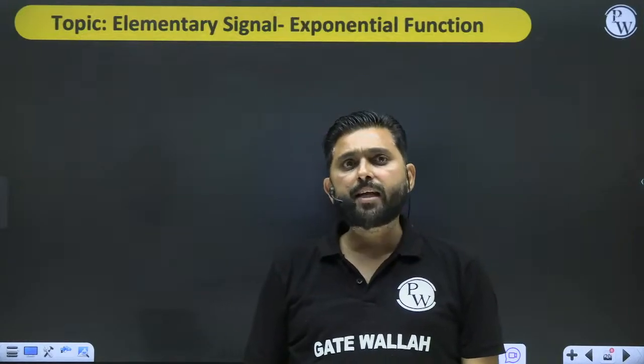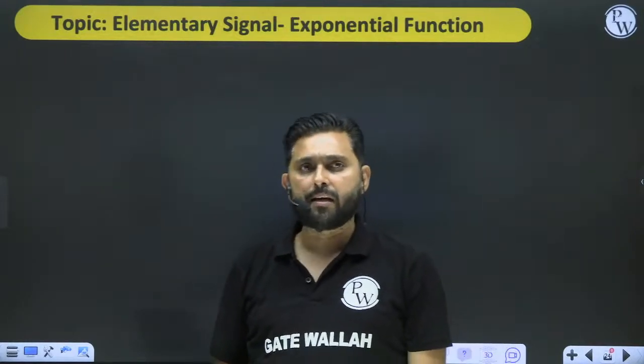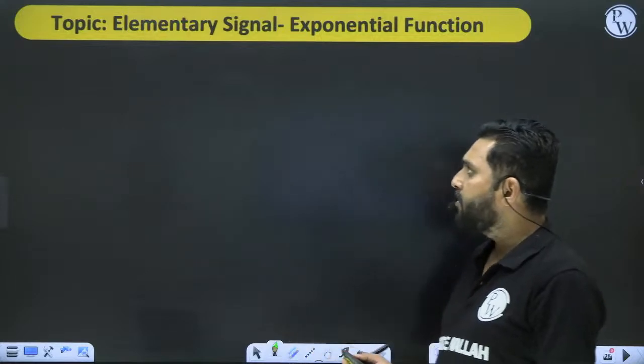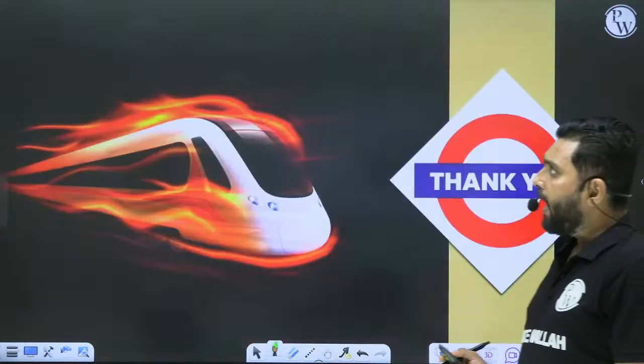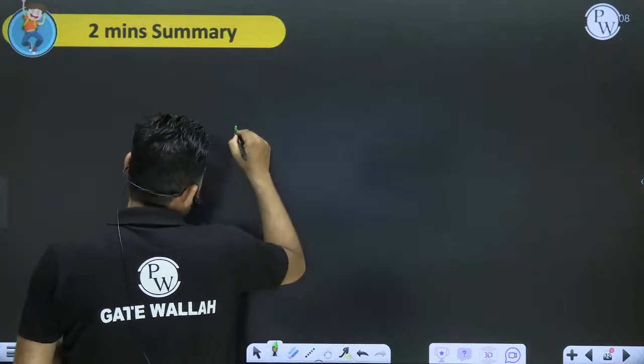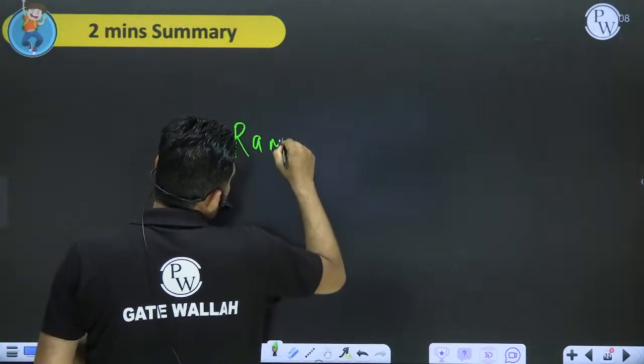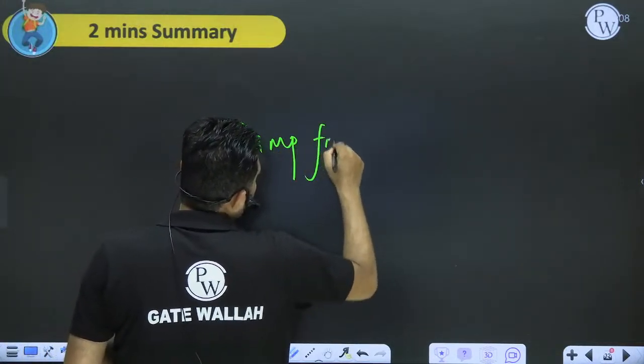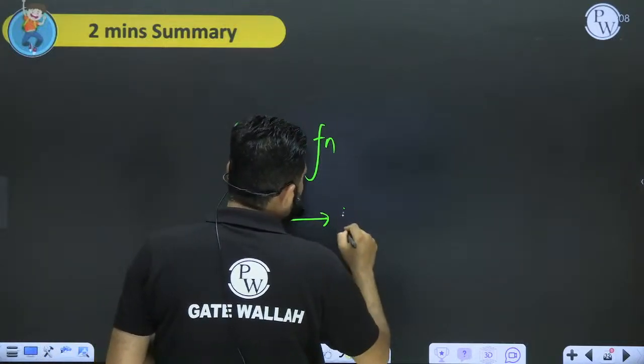Okay. So with this, I think that everything is clear. Everything is covered. And what we have covered is the ramp function. First, we covered the elementary form.